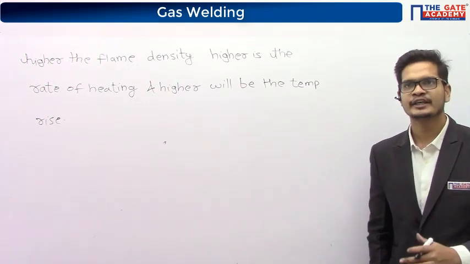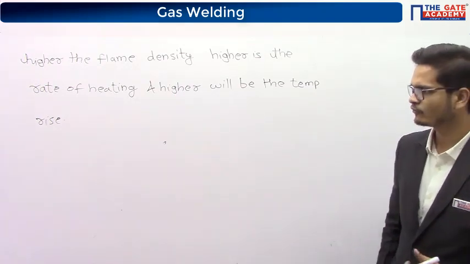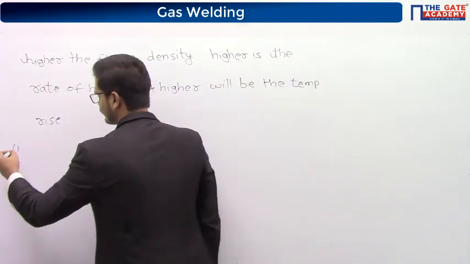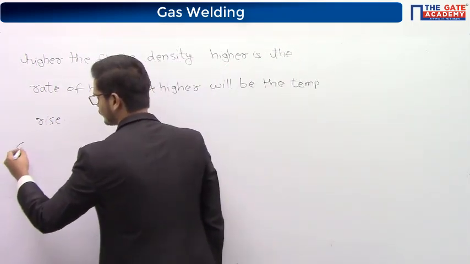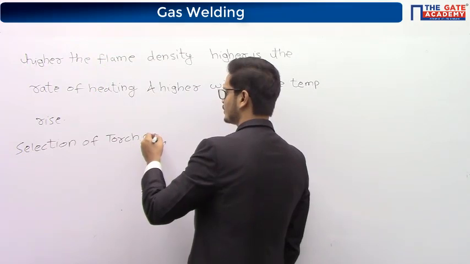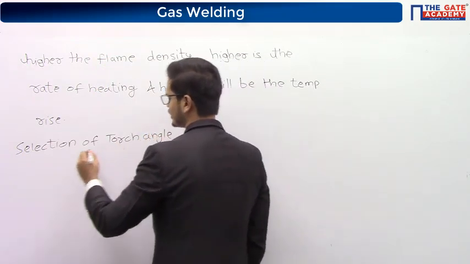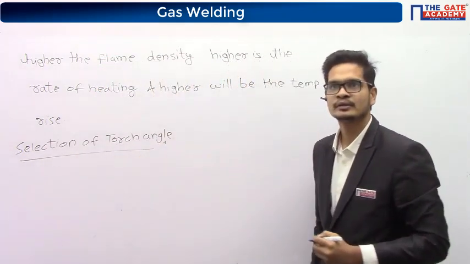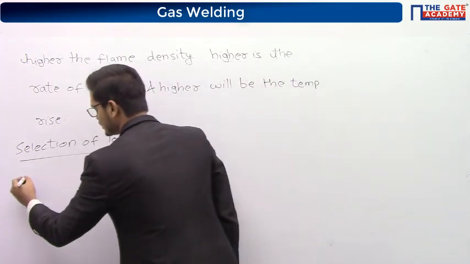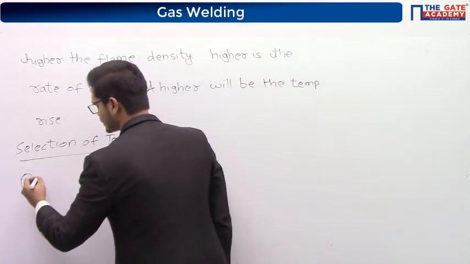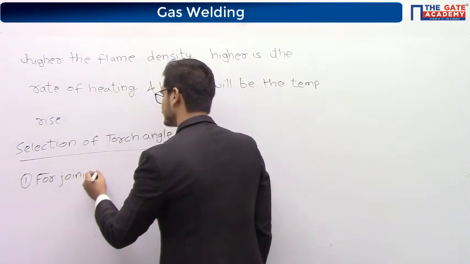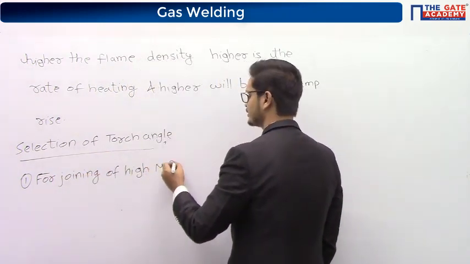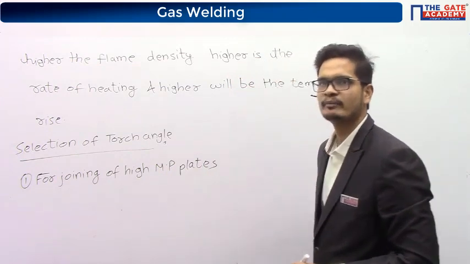Now let us see in which places we use what kind of flame density. The topic we can keep as selection of torch angle. In this, the first one is for joining of high melting point plates.